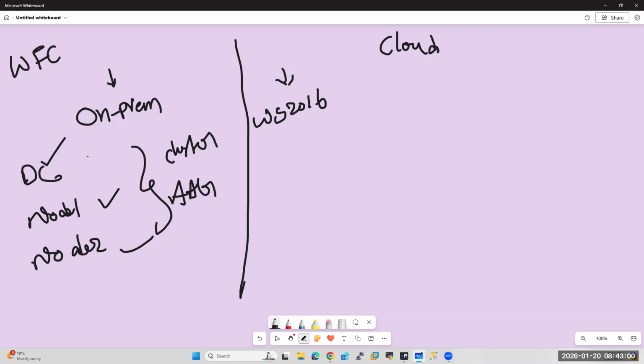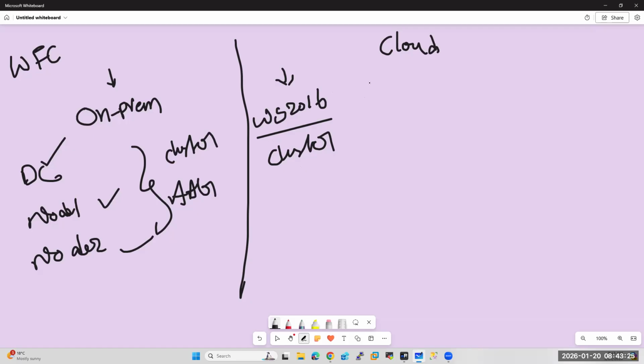Everything will work as expected. You won't face any challenges on-prem, only in the cloud. So first we'll see Windows Server 2016. On top of Windows Server 2016, we will build only clusters, and we'll practice everything about clusters on Windows Server 2016.